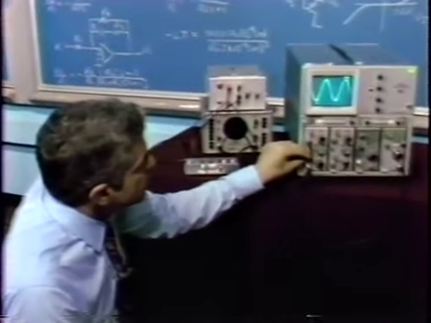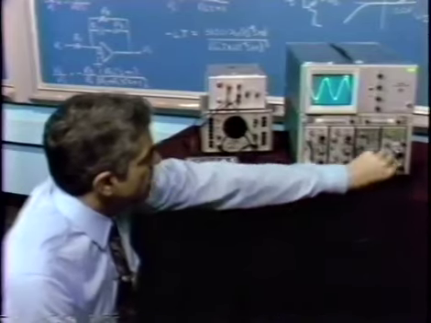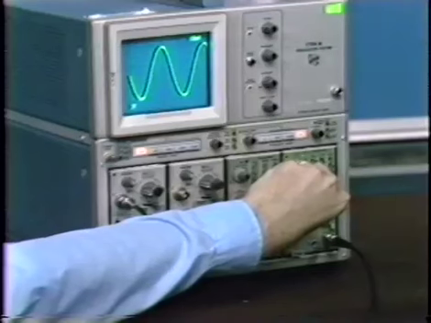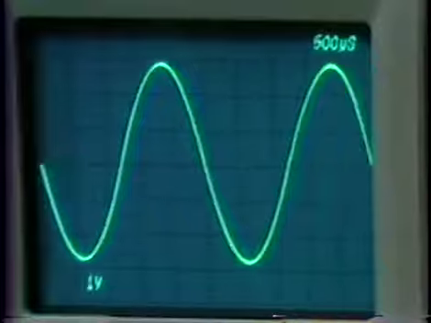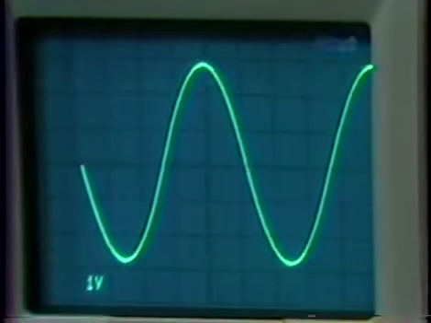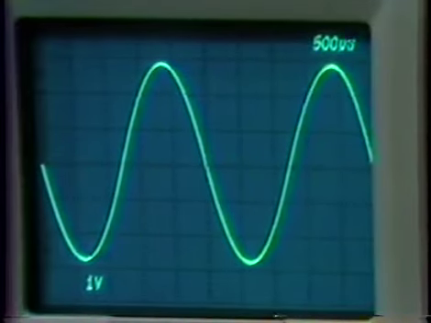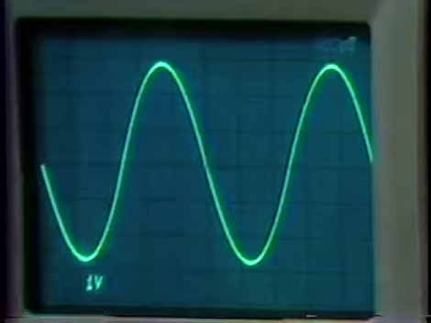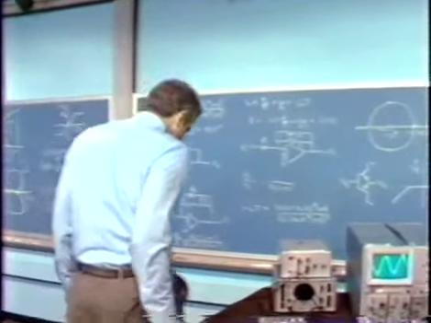Again, we're at 1 volt per division, and it's certainly within experimental tolerance, we'd conclude that that's very nearly 2.83 volts peak. We have close to 3 volts peak, and if we look at the fine division, we just about cross the 2.8 volt minor division. So again, to within the accuracy of our experimental configuration, we conclude that describing function analysis predicts the amplitude of the oscillation very, very well.